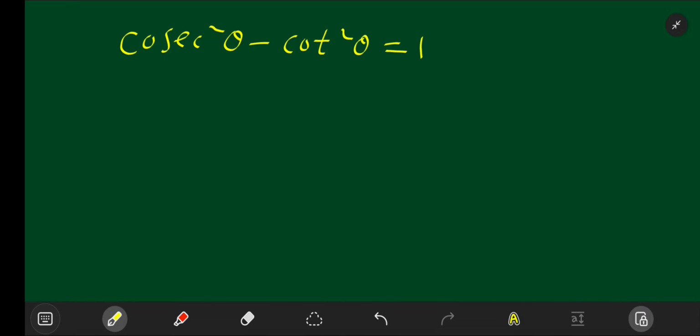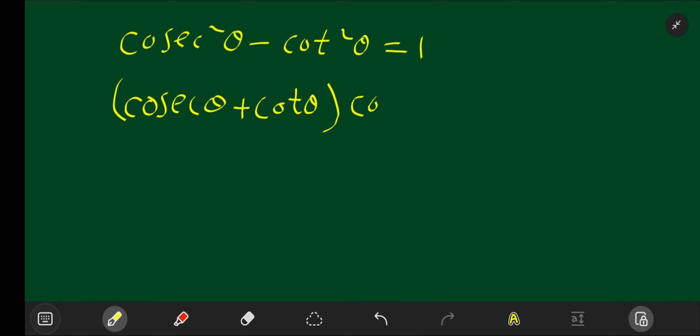Next, we know the third identity. What is the third identity? Cosec square theta minus cot square theta is equal to 1. This is also in the form of a square minus b square. You have to convert it into a plus b into a minus b form. Cosec theta plus cot theta into cosec theta minus cot theta is equal to 1.